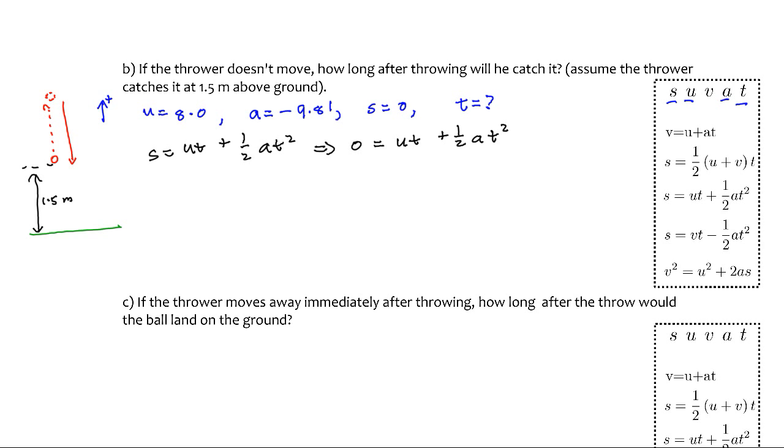So I take t out of the equation, and I get u plus half at is equal to 0. So this happens either when t is equal to 0 or t is equal to u plus half at.